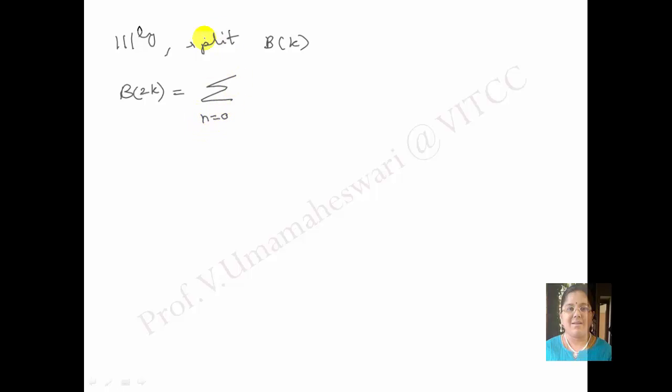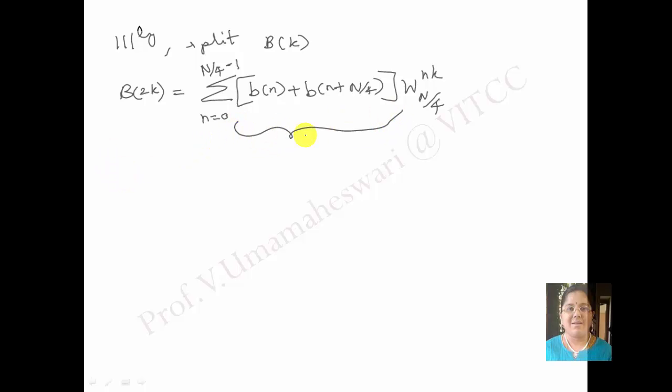Summation n equals 0 to N by 4 minus 1 of B of n plus B of n plus N by 4, the whole into W_N^(nk) to the base N by 4. Now again a new signal D3 of n is introduced. Okay, so B of 2k becomes D3 of k.